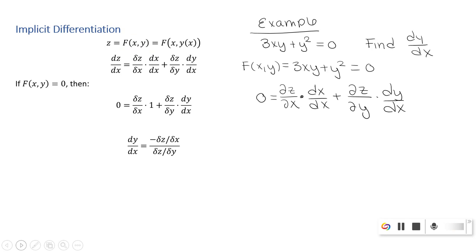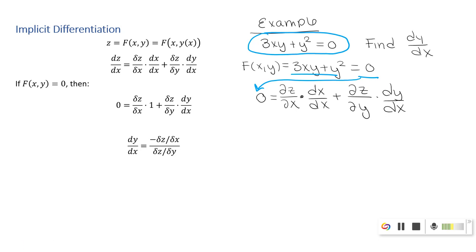So we have this equation 3x squared y plus y squared equals 0. And so we can say that this is our function, f of x,y equals this equation, which happens to equal 0. So then if we take the derivative of both sides, the derivative of 0 is just 0.